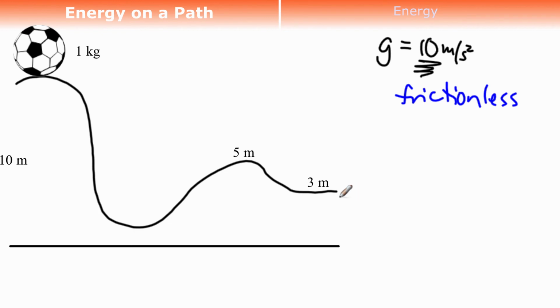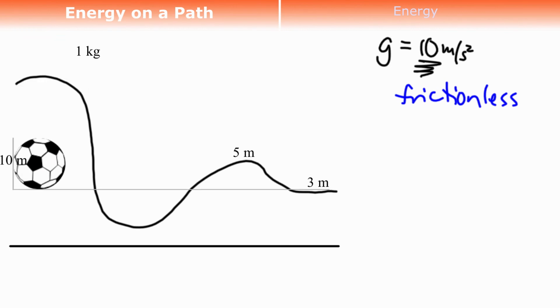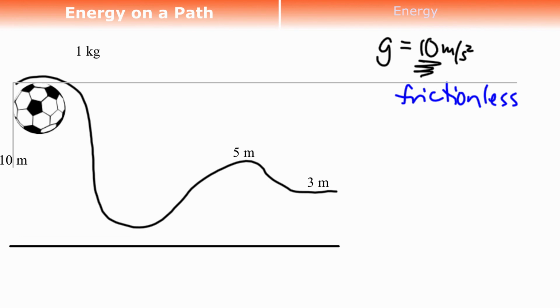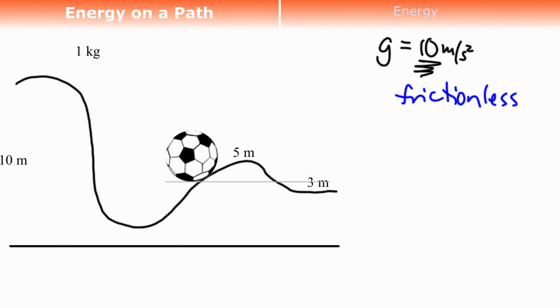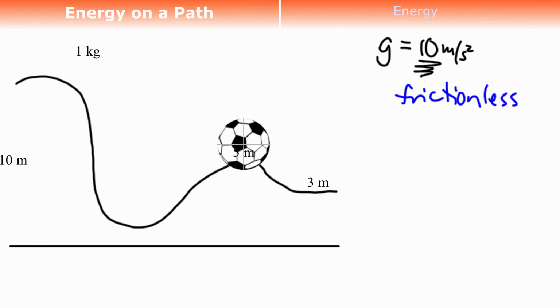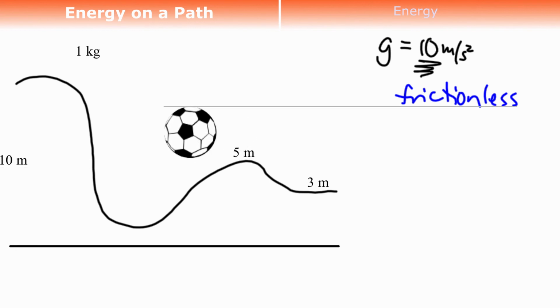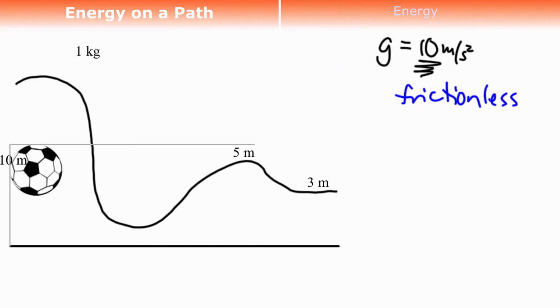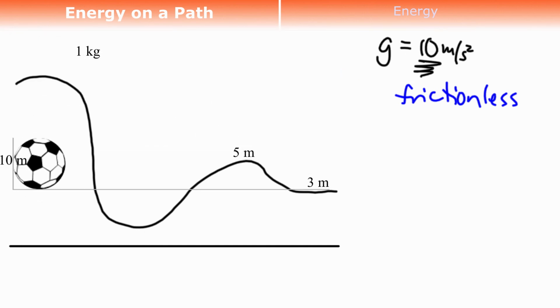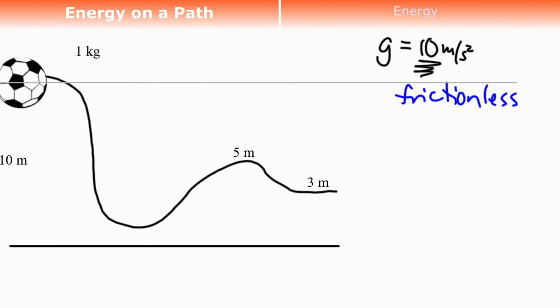If you're looking at the law of conservation of energy, it really doesn't matter if you take that ball and bring it down halfway, or if you put it on a path where it winds up halfway. So it doesn't matter if you put it on this path to get there, or if you take the ball and just drop it to halfway. The potential and kinetic energy will be the same for each one of those.